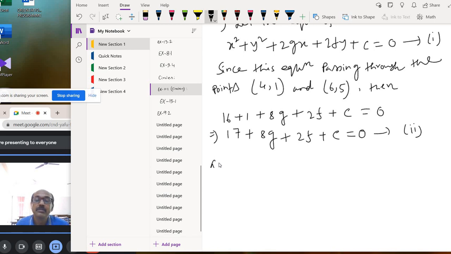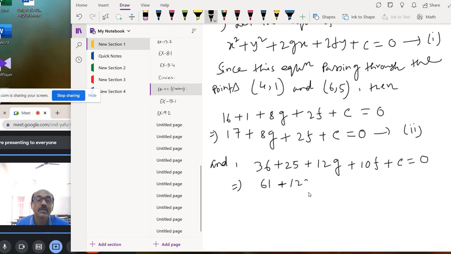So x squared is 36, plus y squared is 25, plus 12g plus 10f plus c equal to 0. 36 plus 25 is 61, plus 12g plus 10f plus c equal to 0.